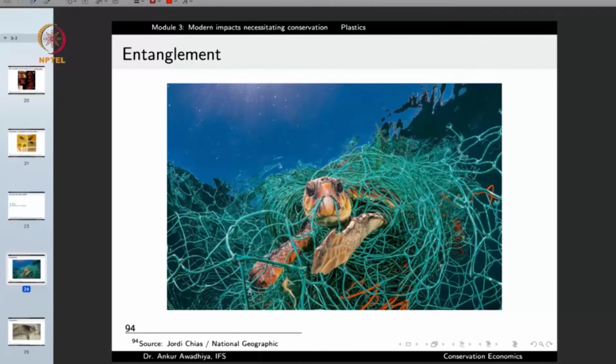If these animals get entrapped at the bottom, they will die of asphyxiation because they will not be able to come to the surface and breathe. If they get entrapped on the surface, they will not be able to dive to get their food. So, entanglement is also a major way in which plastics are decimating our biodiversity.